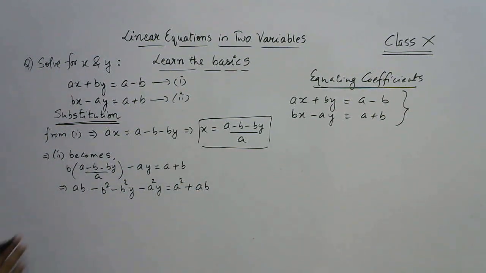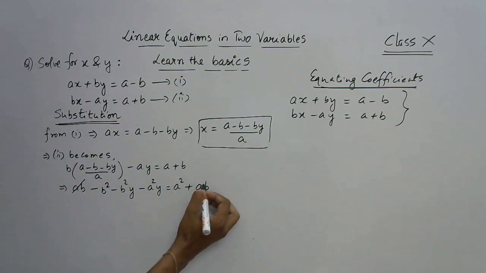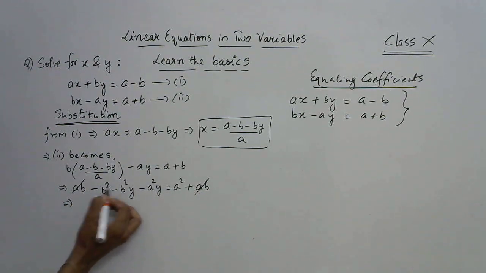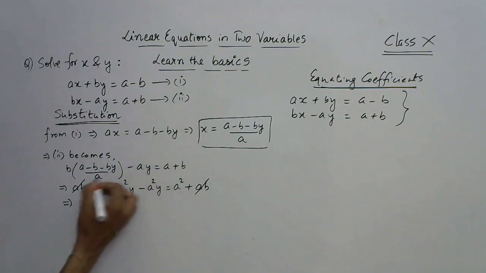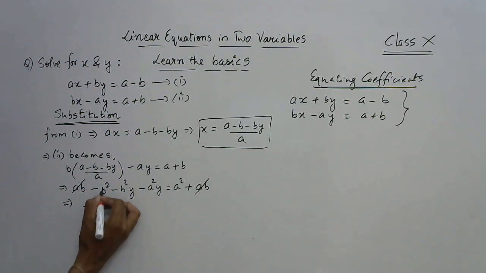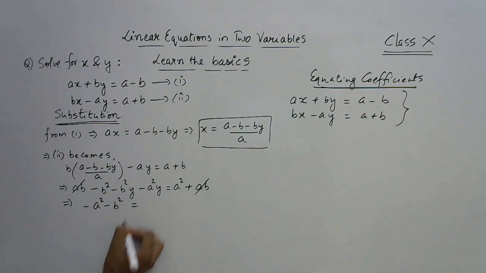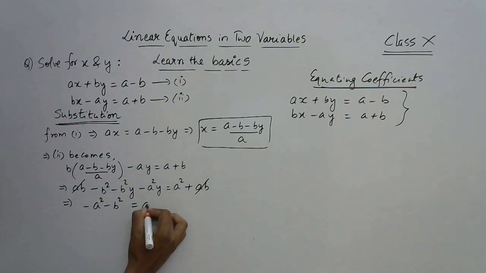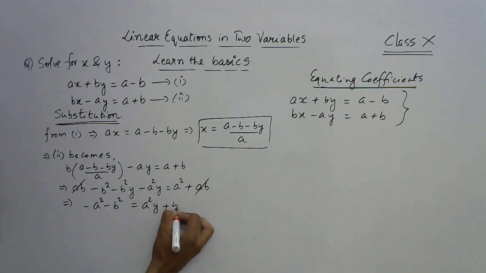Now on the left hand side and right hand side, if you can see any term which is the same, you can strike that off. So here ab and ab get cancelled, and this a square comes this side, minus a square, and we have minus b square, and these two terms have the variable y, so I'll shift them to the other side, that is a square y plus b square y.